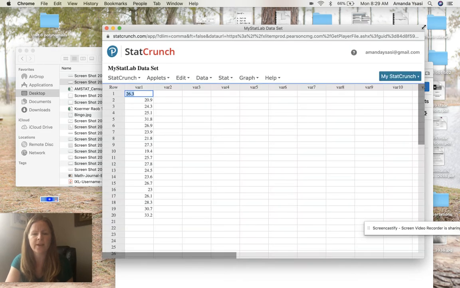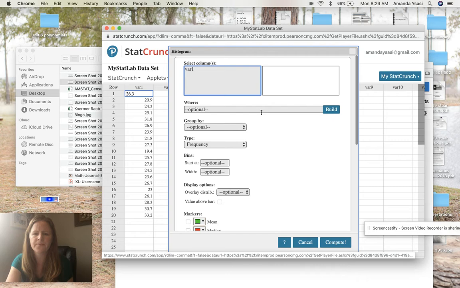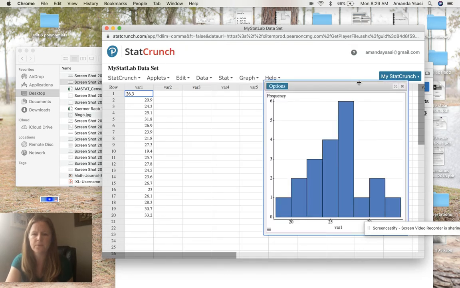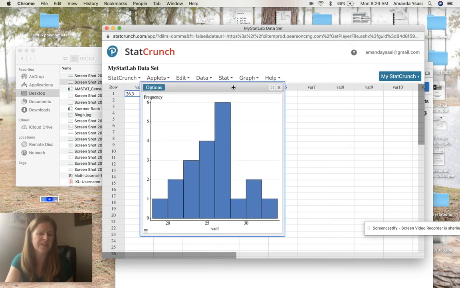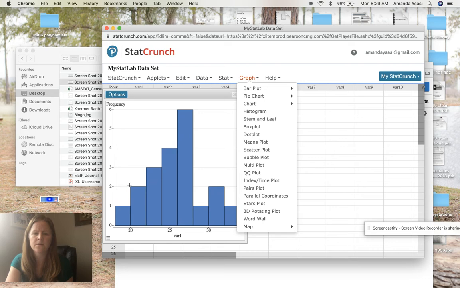We can look at the histogram and the QQ plot. So let's look at histogram. Variable 1, compute. Okay. Looks kind of skewed left, doesn't it? It kind of stair steps and then it just falls off.